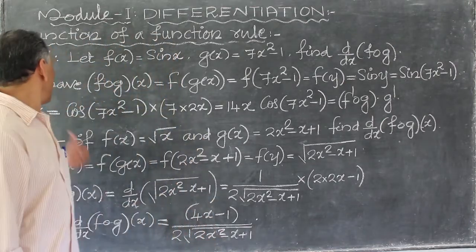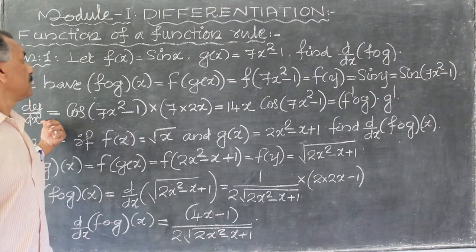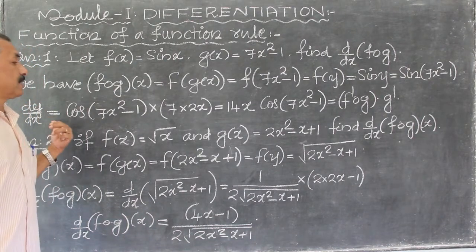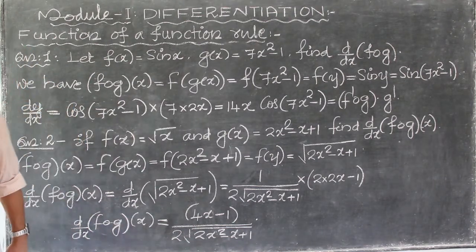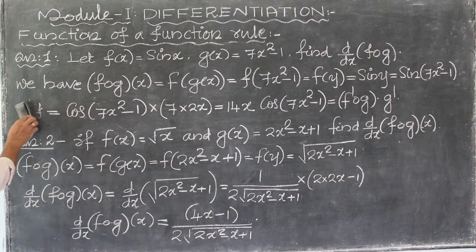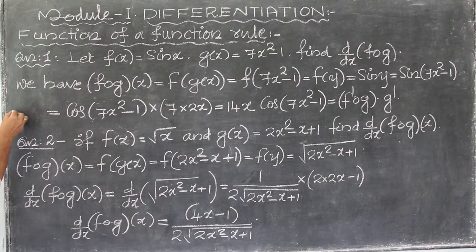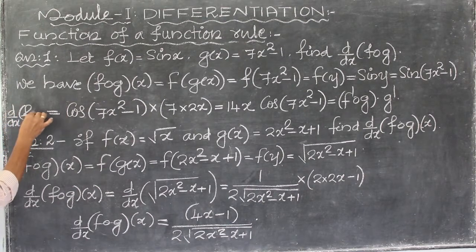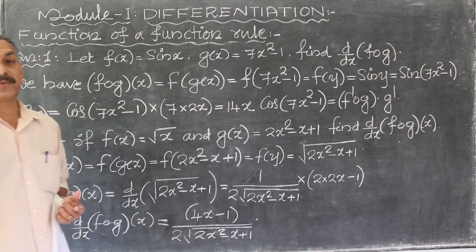And we know the derivative dy by dx is equal to d divided by dx of f dot g. What is f dot g? f dot g means sin of 7x square minus 1.